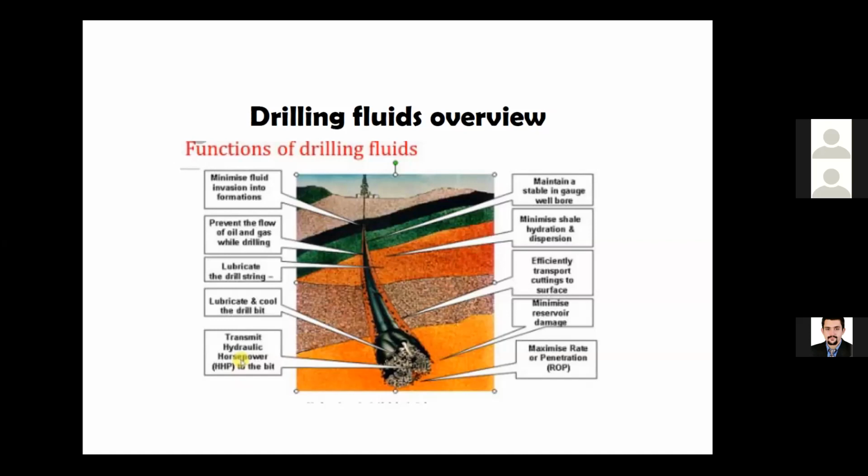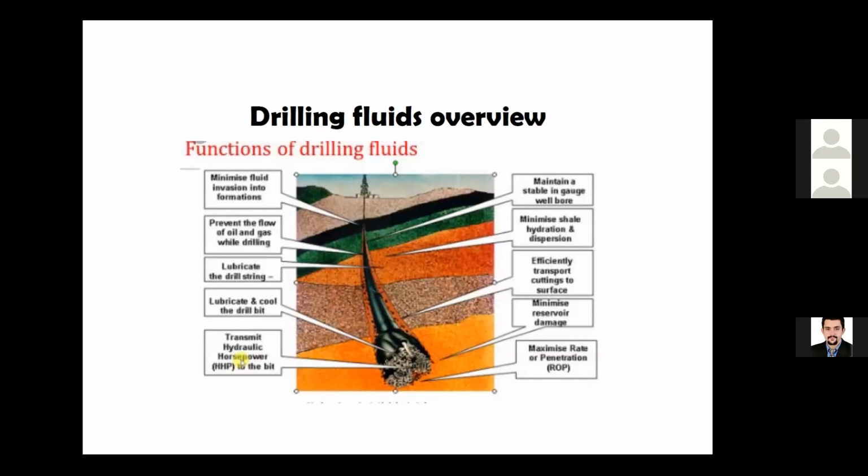Let us talk about one of the most important functions of the drilling fluids, and maybe our job as mud engineers. This property is called minimize shale hydration and dispersion, and the scientific term for this is shale inhibition. What is the meaning of shale inhibition?